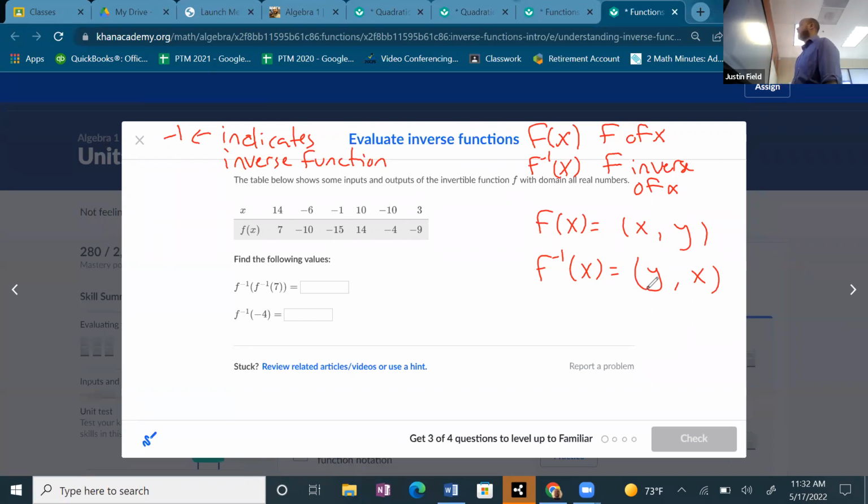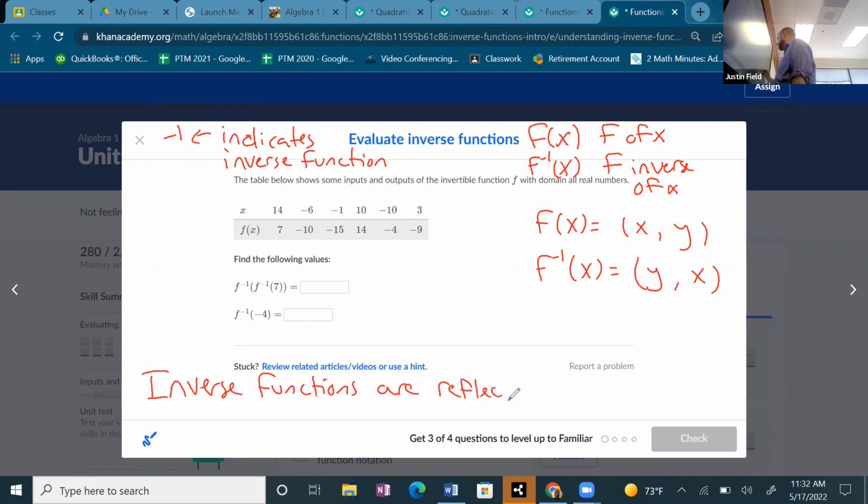Let's write that down. Inverse functions are reflections over y equals x. And that's exactly what they are.